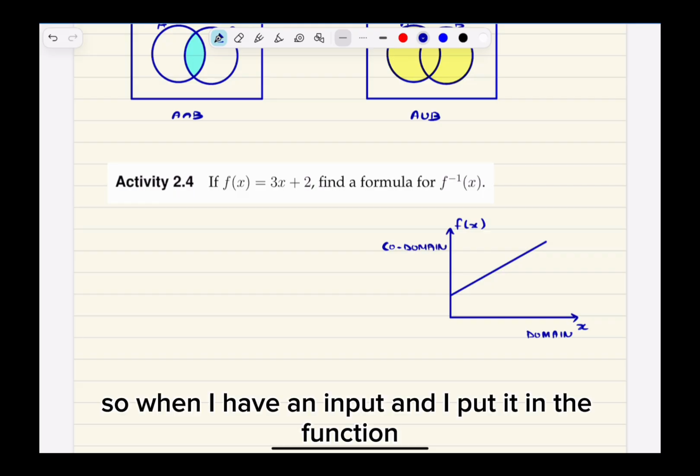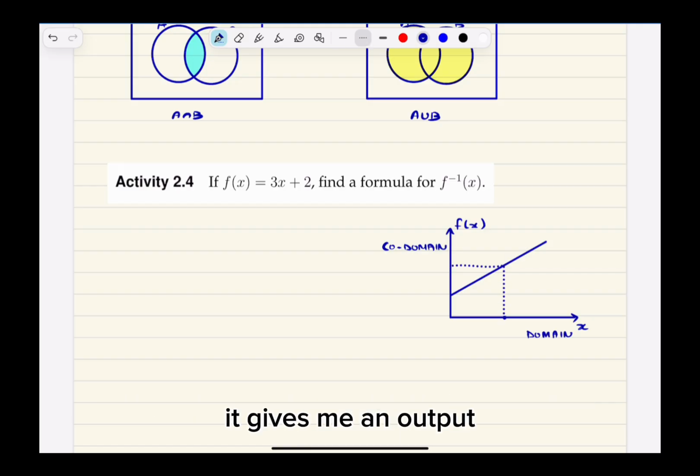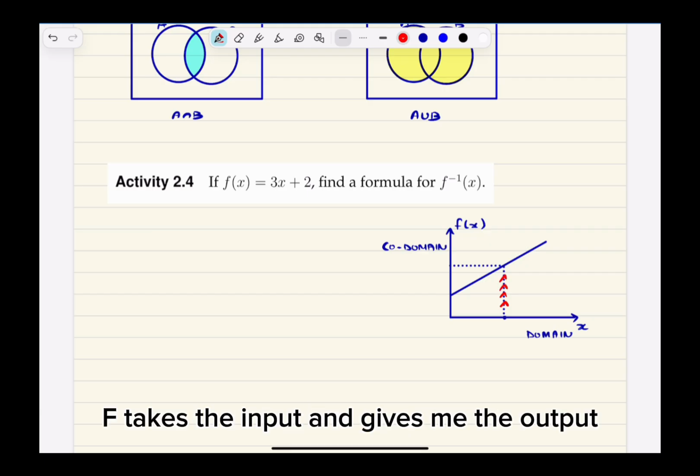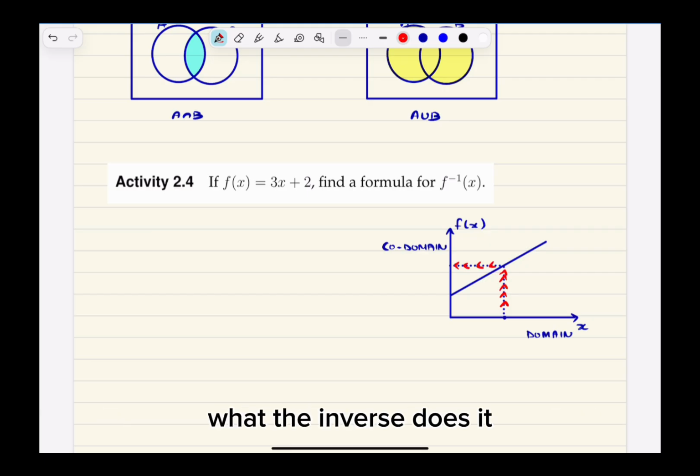When I have an input and I put it in the function, it gives me an output. So I'm going in this direction: function f takes the input and gives me the output. What the inverse does is take me in the opposite direction.